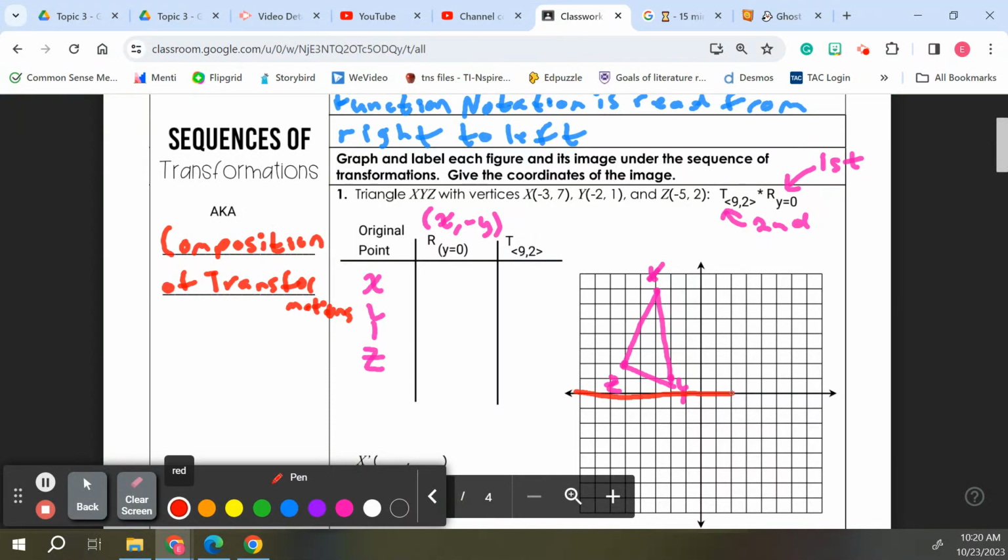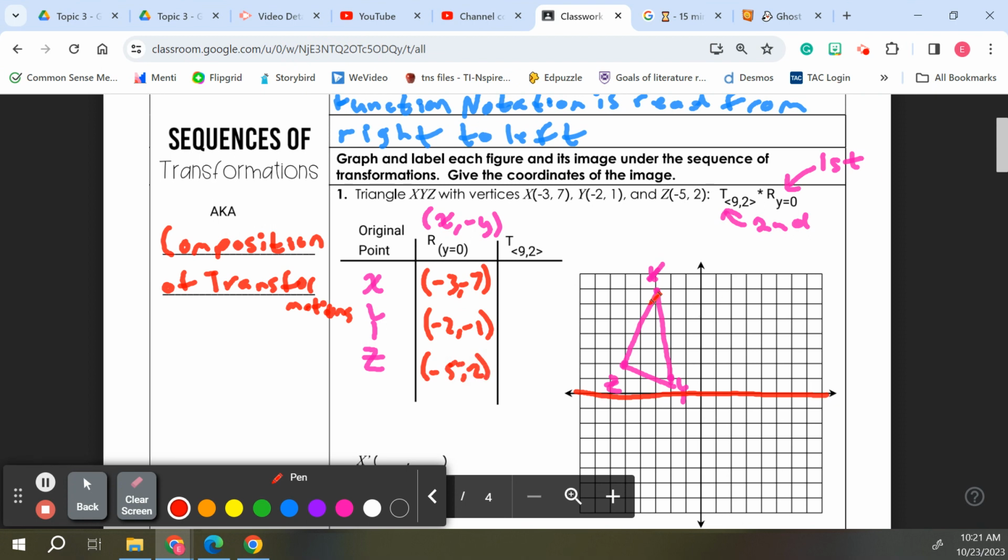So we're going across this. Now I'm going to take each of these points and apply this. So the new x that I get should be (-3, -7). For y, it should be (-2, -1). And for z, it should be (-5, -2).